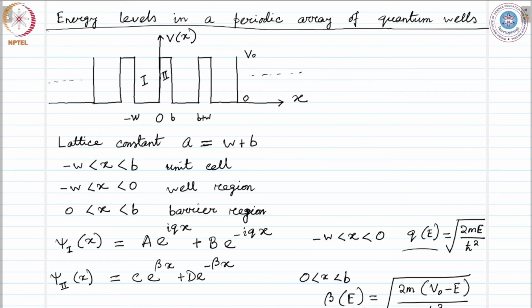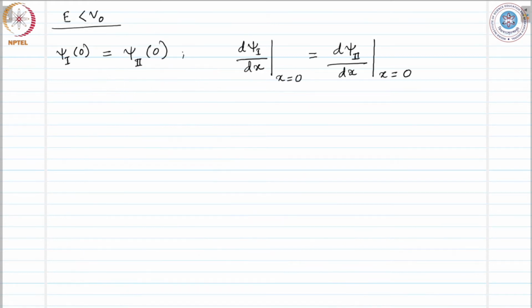For a periodic boundary condition, we will consider that this point here, that is x equals b, and this point here, that is x equals minus w, are equivalent. Because they are equivalent, we will also have psi 2 at b equals e power i k a psi 1 at minus w.